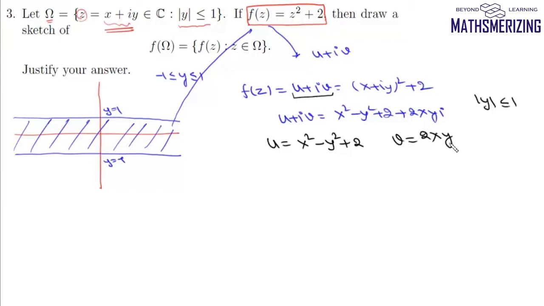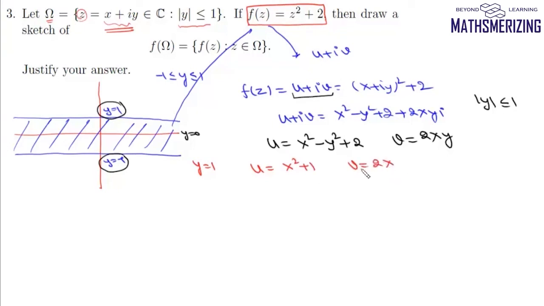Now what we'll do is we'll begin with the boundary cases. The boundary cases are when the value of y is 1, when the value of y is -1, and also when the value of y is 0. So when the value of y is 1, in that case u will be x square plus 1, and v will be 2x.